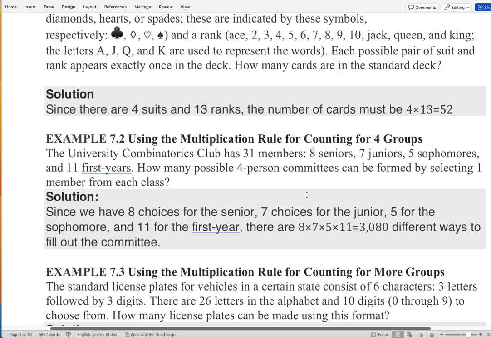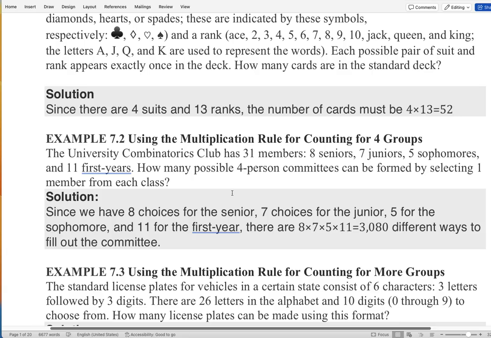If that is the case, how many possible 4-person committees can be formed by selecting one member from each class? Well, there are four classes, right? Seniors, juniors, sophomores, and freshmen.